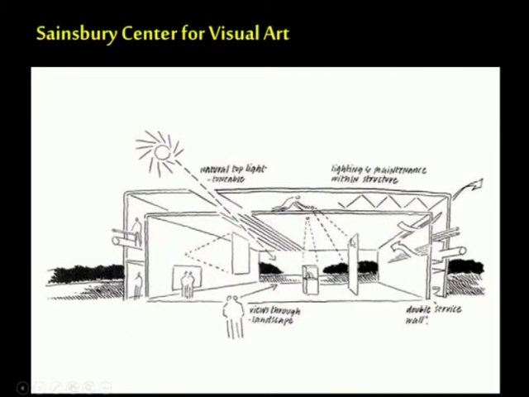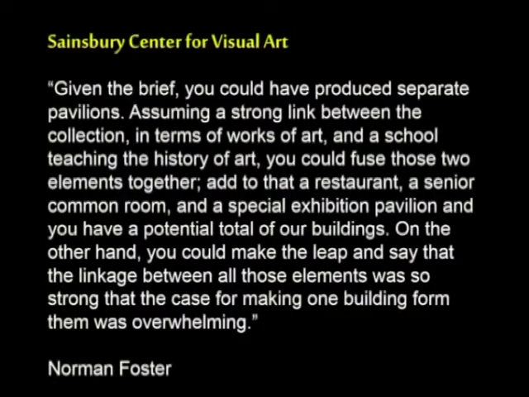Norman Foster says this about his building: given the brief, you could have produced separate pavilions, assuming a strong link between the collection in terms of works of art and a school teaching the history of art. You could fuse these two elements together, add to that a restaurant, a senior common room, and a special exhibition pavilion, and you have the potential total of 4 buildings.